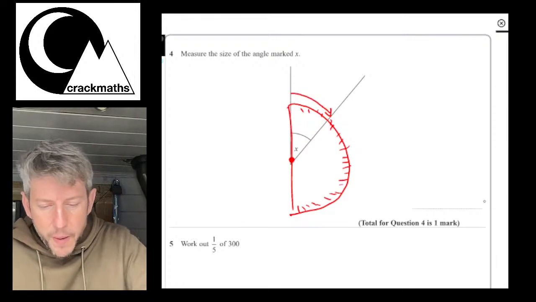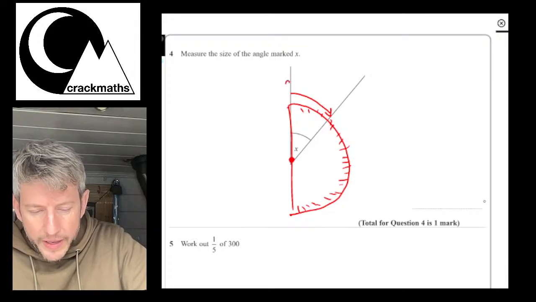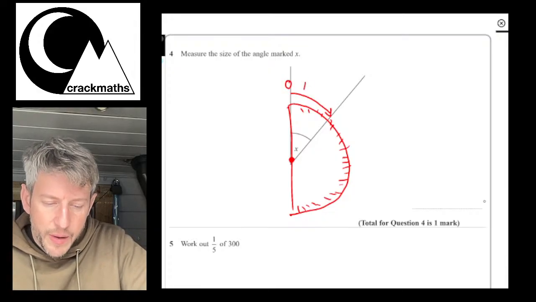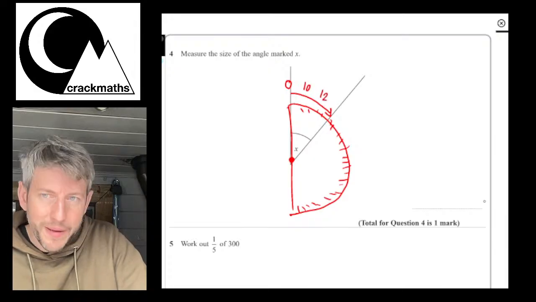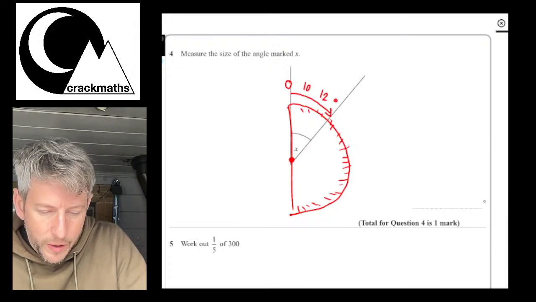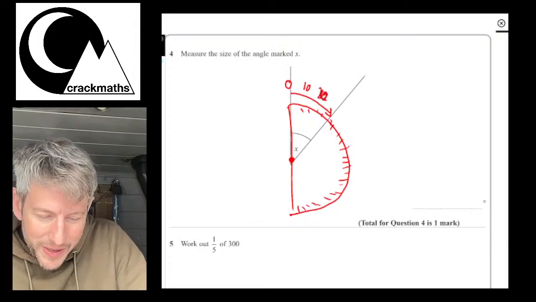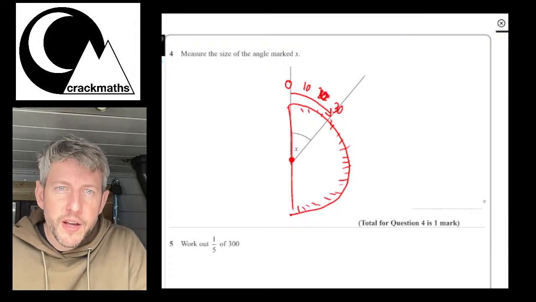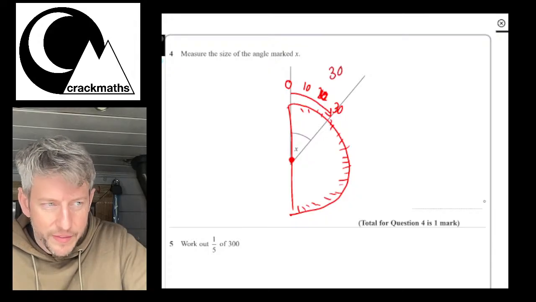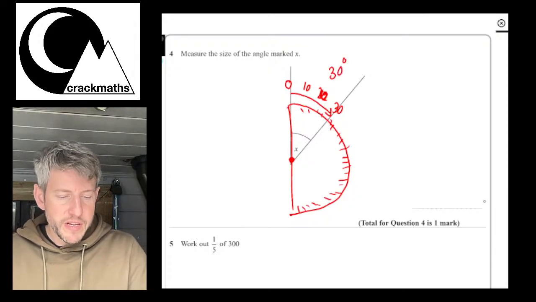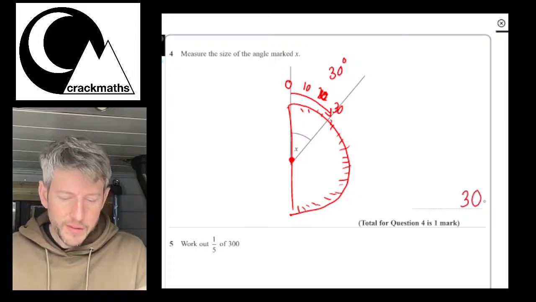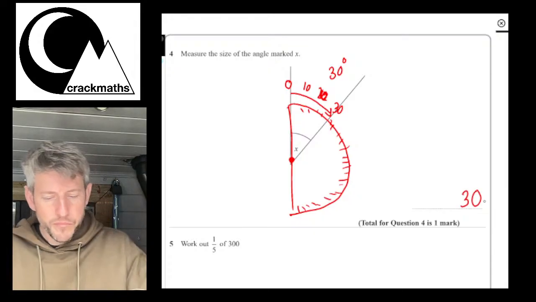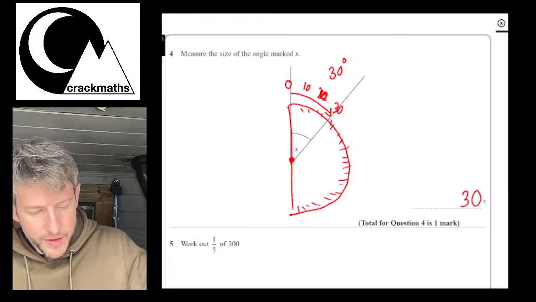The numbers start at 0. So here's going to be 0, here would be about 10, here would be about 20, here would be 30. So this would probably be 30 degrees. So I'm going to put 30 degrees there, and that's going to be that. Right, okay, so next question.